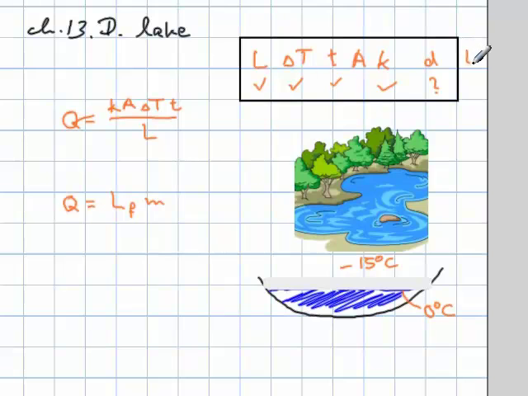I'm going to write this over here, I kind of ran out of space with my little box. So the latent heat of fusion for water is given, but again the mass isn't given. Well, let's see what's going to happen here in a moment. And of course the variable D is actually not in here.